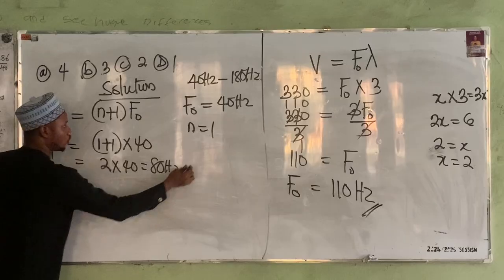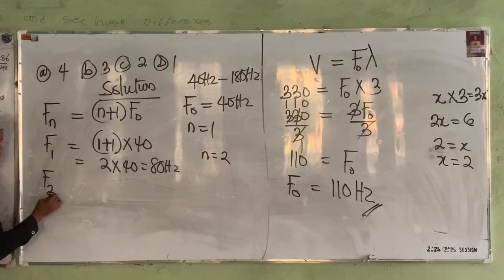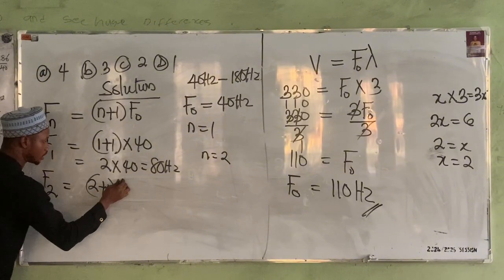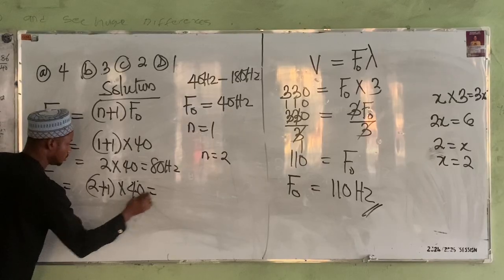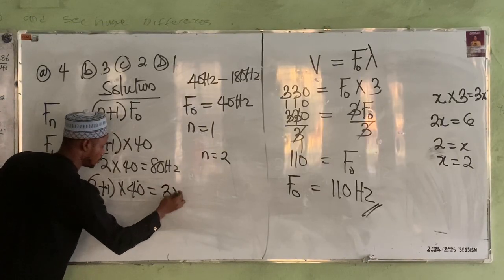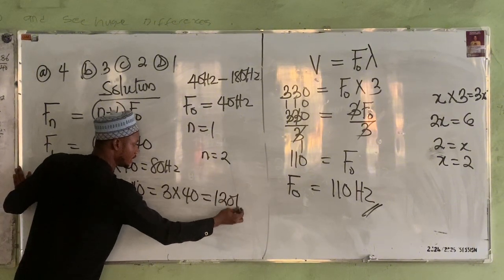So we choose n equal to 2. Our F2 here will be equal to 2 plus 1, please take note, times 40. So this will give us 3 times 40. What is the answer, please, class? 120 Hz.